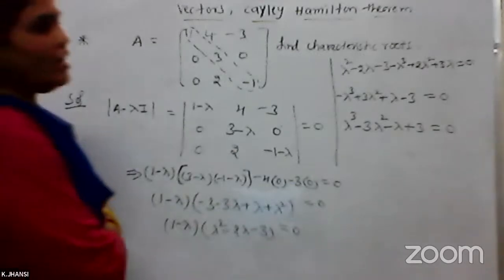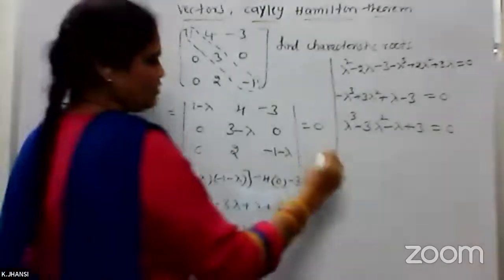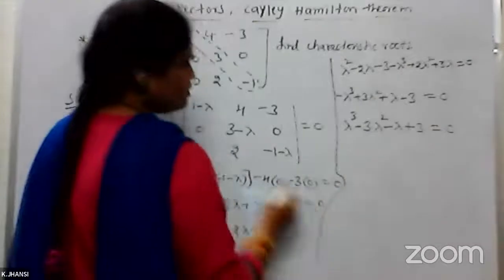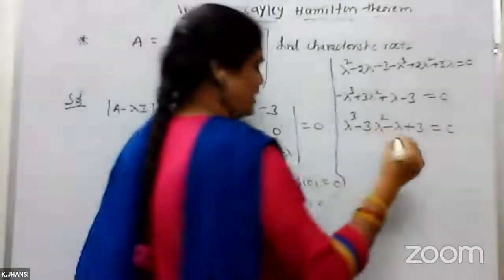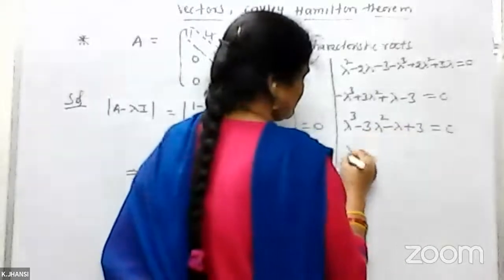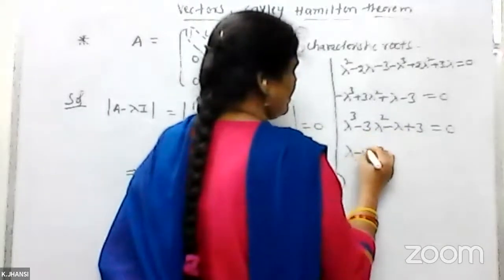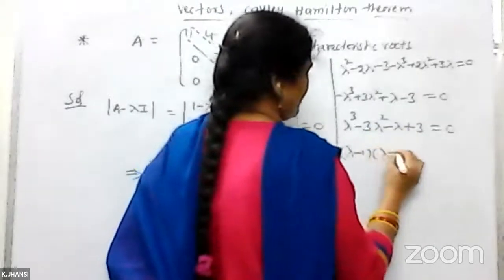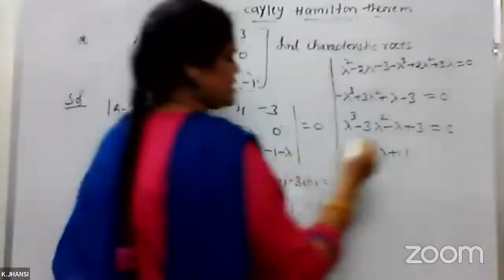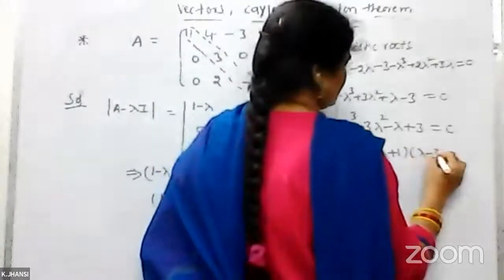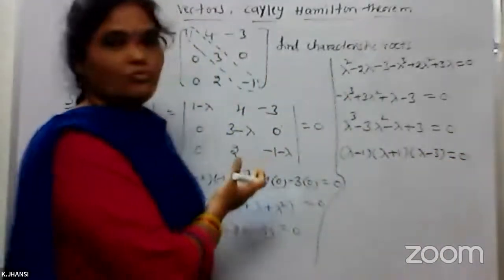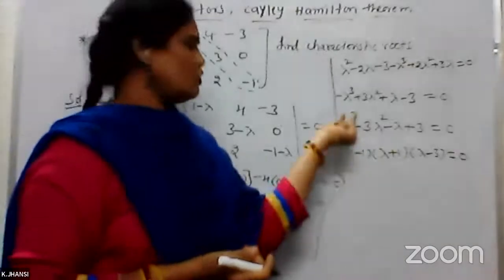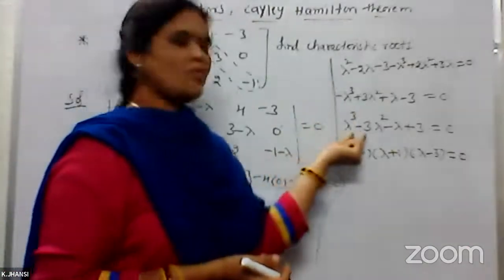Now we have to find the roots of this polynomial. With the help of the division rule, if you find it, you will get lambda minus 1, lambda plus 1, and also lambda minus 3. I hope you know how to find the factors of this. Whenever lambda cube is there, you find it with the help of the division rule.